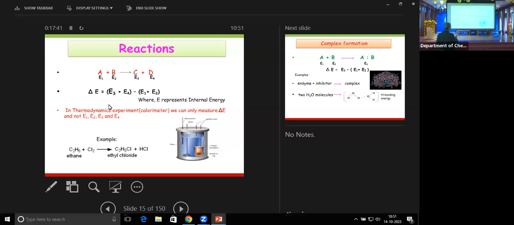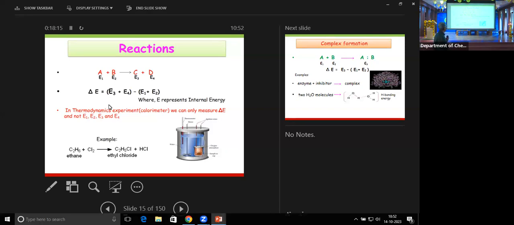Okay. So let us look at something called internal energy. You are all people who have learned thermodynamics, right? So what is this? You have A plus B giving C plus D, let us say products. The total energy which is dissipated or absorbed by the vessel in a thermodynamics experiment is the total energy of the products subtracted by that of the reactants.